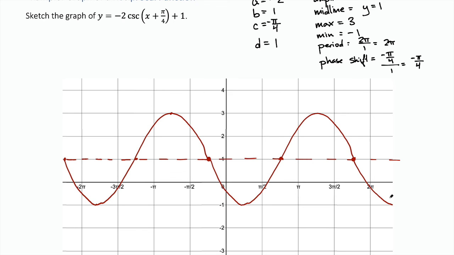Now we're ready to use it to sketch the reciprocal function. So we start by drawing our asymptotes, and our asymptotes are just the places where this sine function touches the midline. So we've got an asymptote right here and here, each of those points.